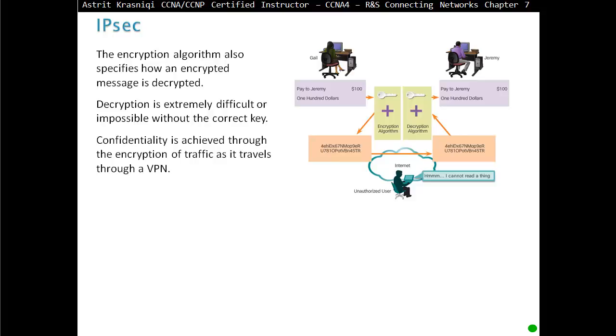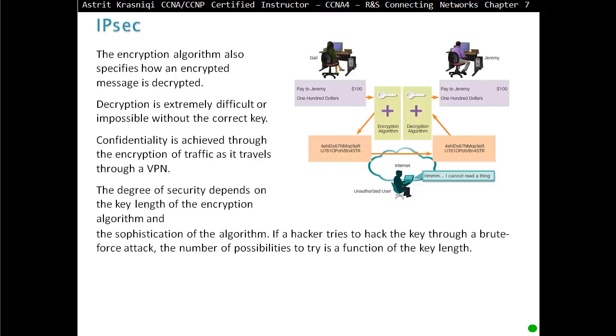Confidentiality is achieved through the encryption of traffic that travels throughout a VPN. The degree of security depends on the key length of the encryption algorithm and the sophistication of the algorithm. If a hacker tries to break the key through a brute force attack, the number of possibilities to try is a function of the key length.